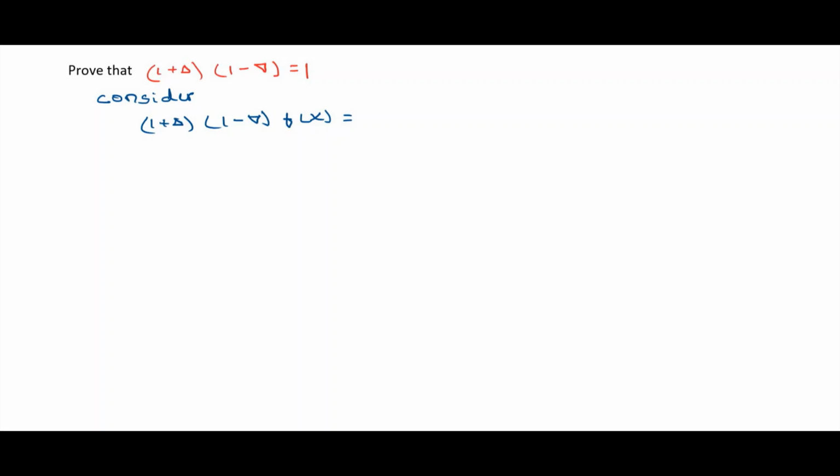Now by using the shifting operator formula, this 1 plus delta we can write as E. This 1 minus del we can write as E raised to minus 1, and write down this f of x as it is.